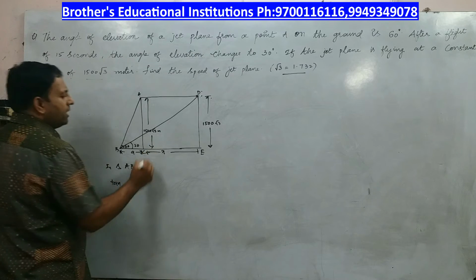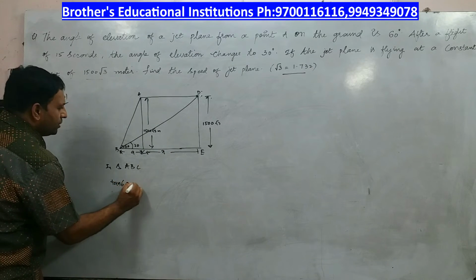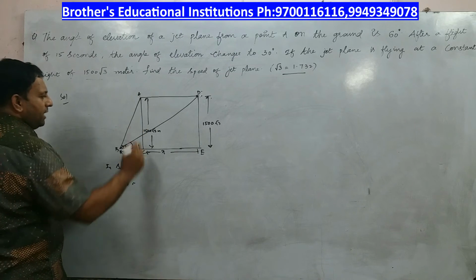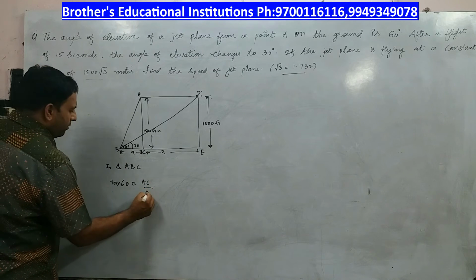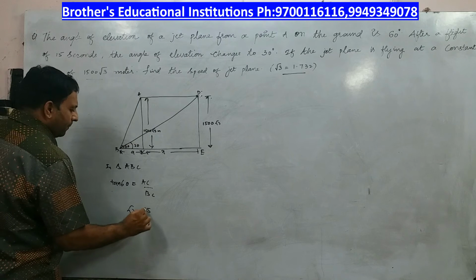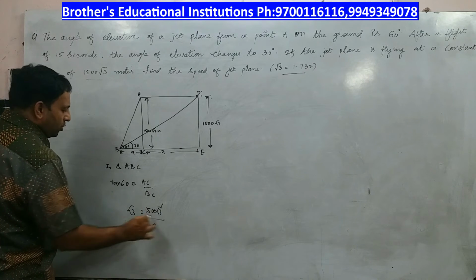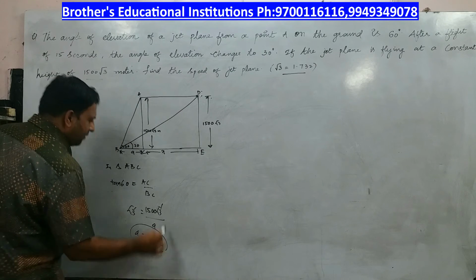I am interested to find x first of all. So tan 60 is equal to opposite to 60, which is AC, by adjacent to 60, which is BC. Tan 60 value is root 3, and AC value is 1500 root 3, by BC value which is a. Root 3 cancels. a is equal to 1500 meters. You got the value of a.